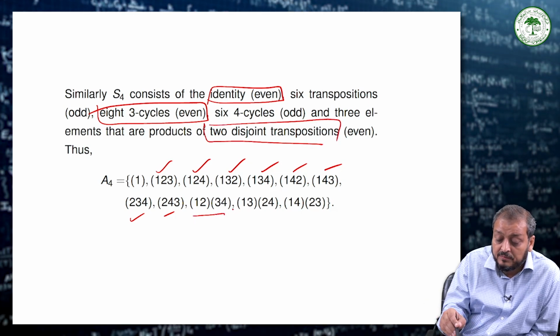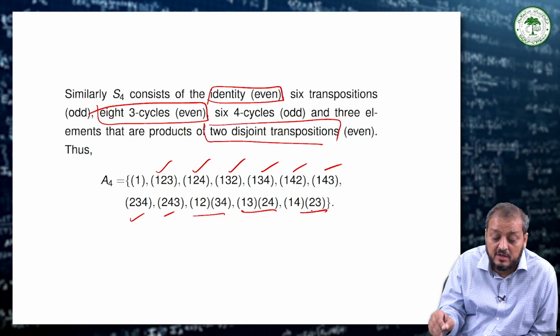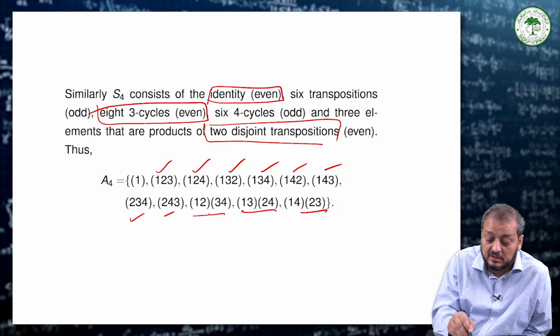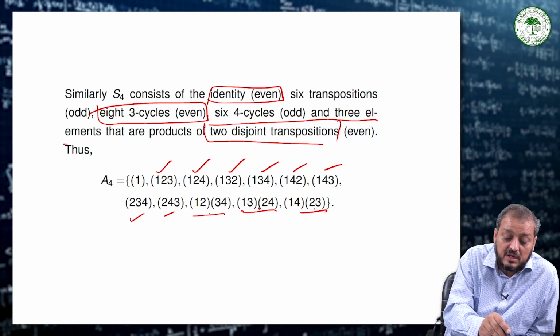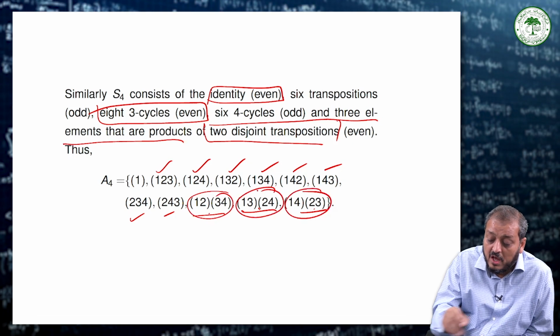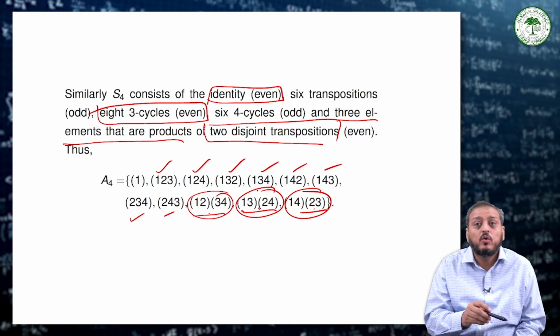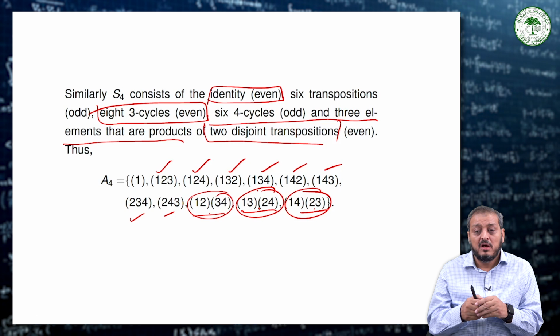This is even, this even, this even. So, 3 elements that are the product of 2 disjoint transpositions: this is 1, this is 2 and 3. So, this means we can say that there is a total of 12 elements in this A4.